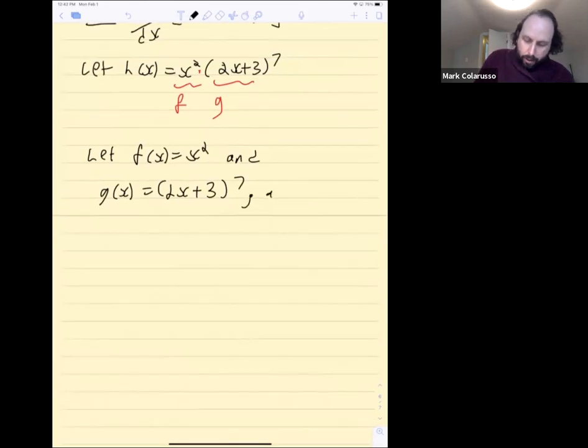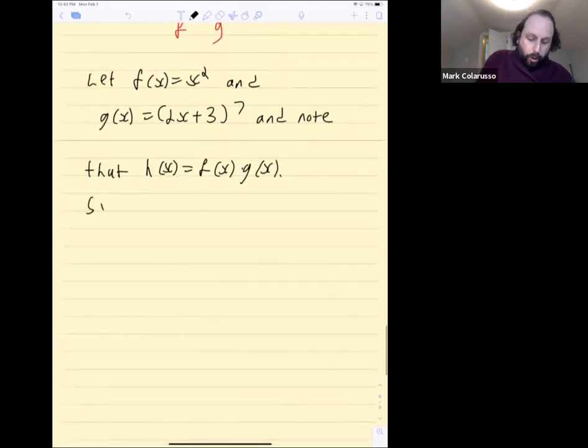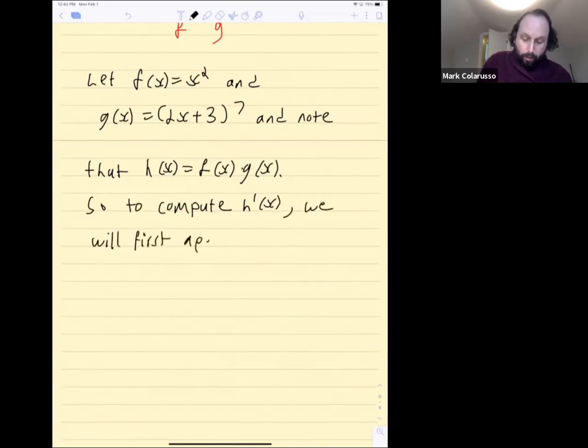And note that h at x is the product of f and g at x. So to compute h prime at x, we will first apply the product rule.